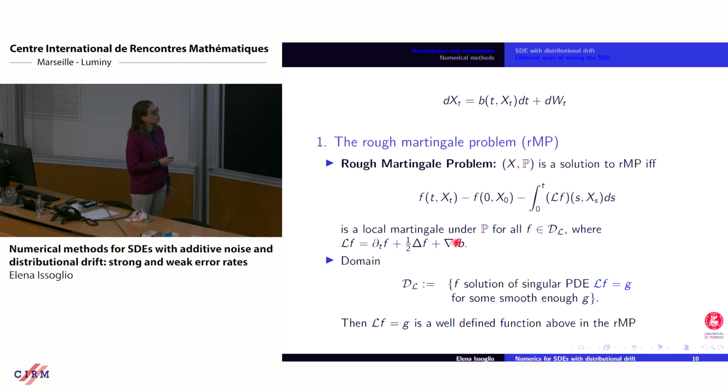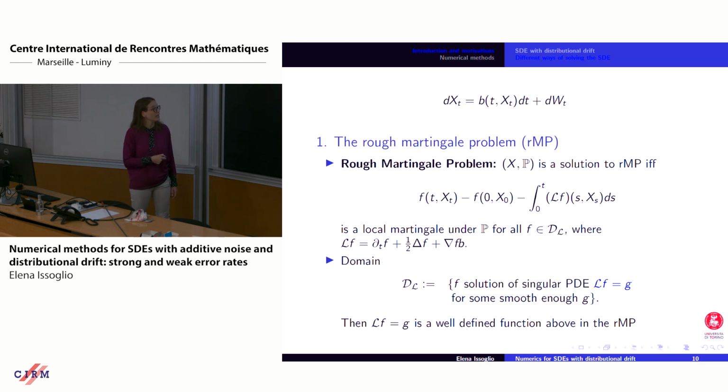So it's a distribution. But what happens is that you can solve the PDE Lf equals g where you choose g. So you choose g to be a function, and then you solve the PDE, and you take all the f's which solve the PDE Lf equals g, and this is your domain.